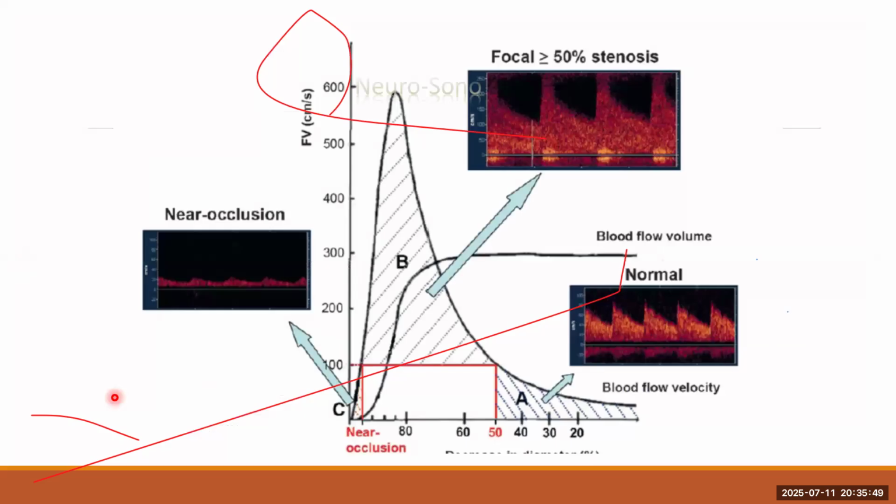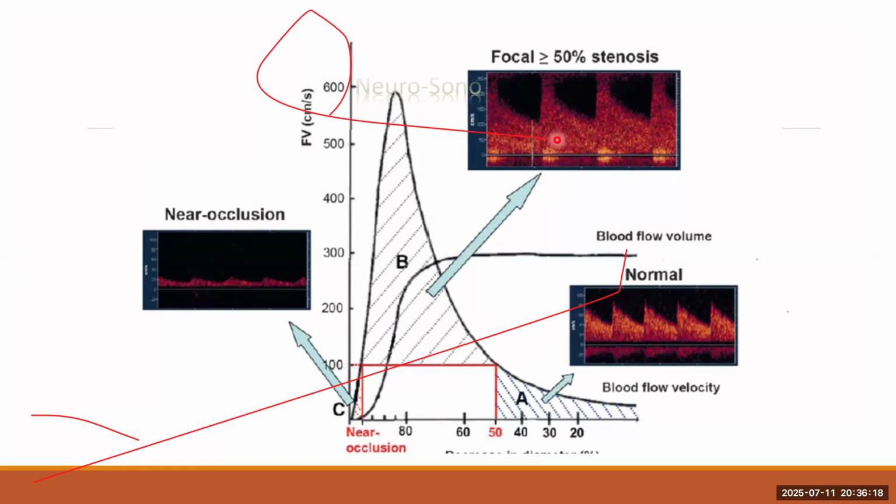This is again the representation of the Spencer-Reid curve in comparison with the transcranial Doppler waveforms. When the diameter is reduced up to 50%, the normal transcranial Doppler waveforms are maintained. Whereas once it starts dipping below the 60% mark, here we see increasing velocities and there is some turbulence, which you see here.